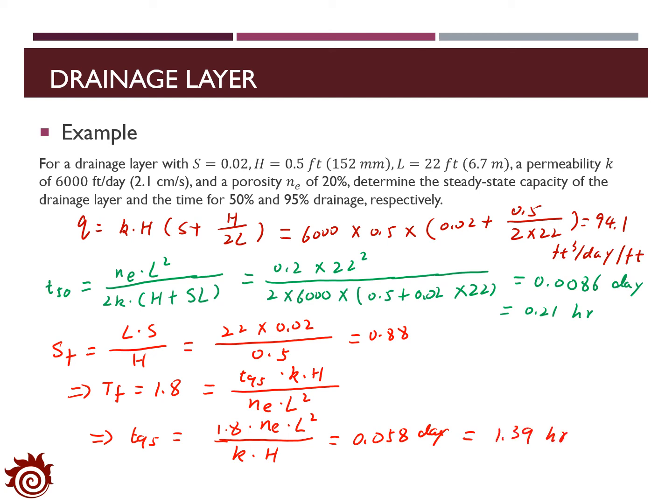So that's the way for us to find out the steady state capacity and the unsteady state capacity, which is measured as the time of 50% drainage and 95% drainage.